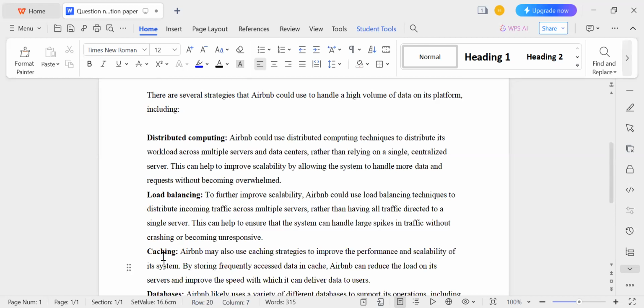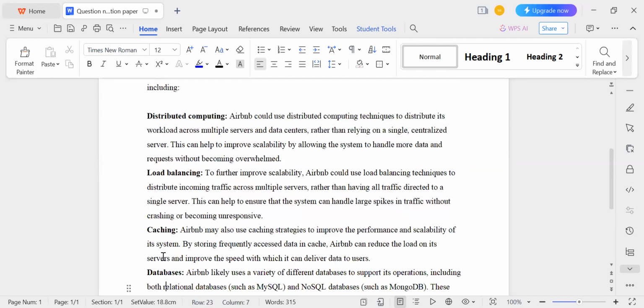Next, the third strategy is caching. Caching is nothing but information stored in a temporary storage area.